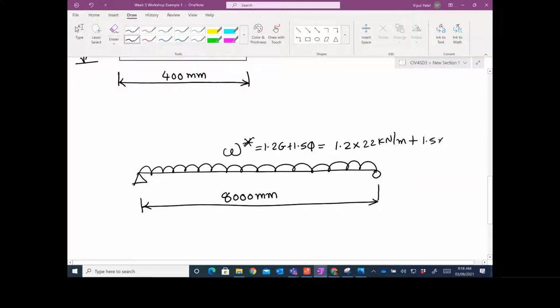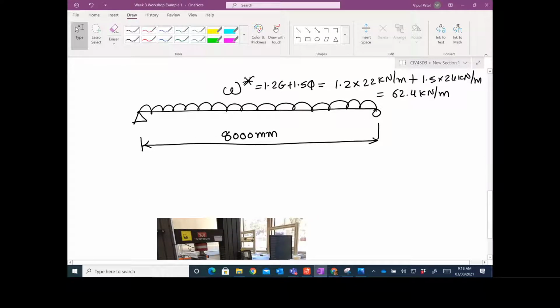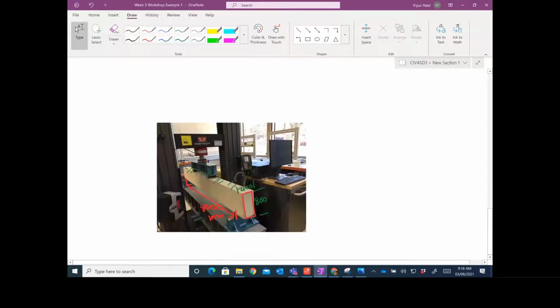So if I use the calculator, let me open my solution as well. I will get 62.4 kilonewton per meter. So this beam is subjected to 62.4 kilonewton per meter. So the beam you are looking at has a UDL of 62.4 kilonewton per meter, right?